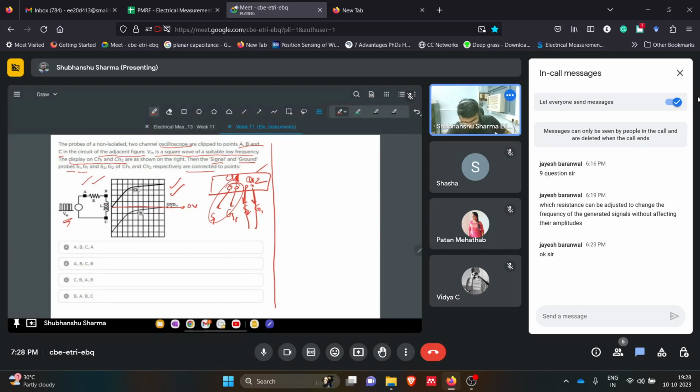Think. I'm drawing the circuit. So we have a square pulse input Vin of low frequency, R, and this is L.